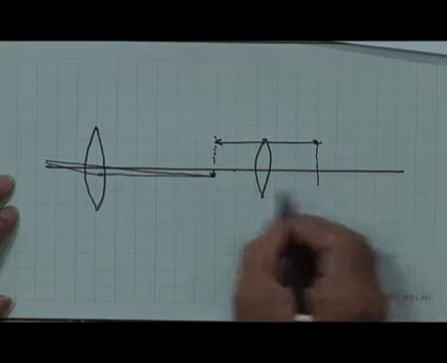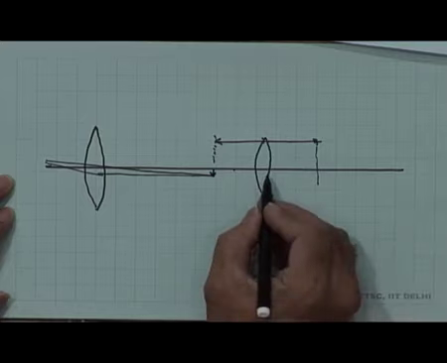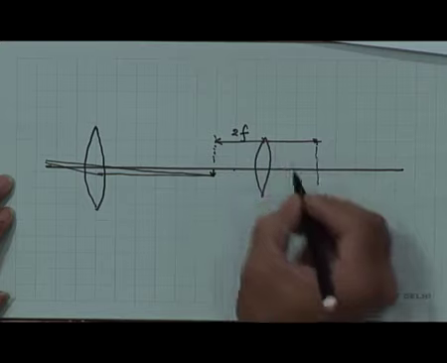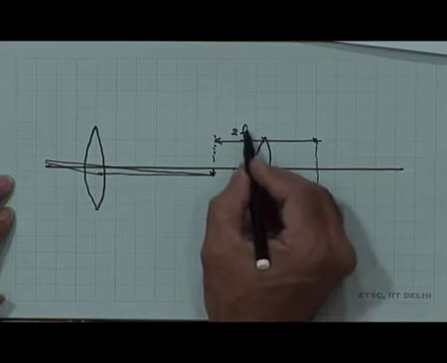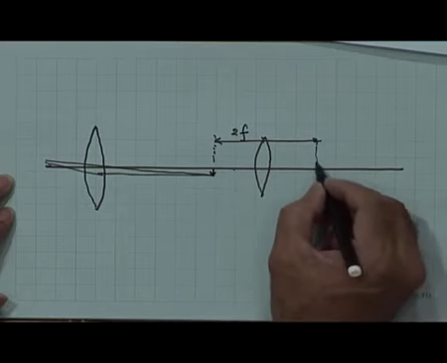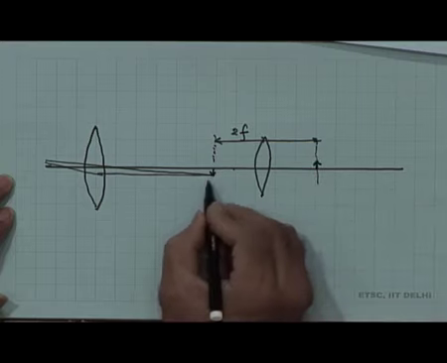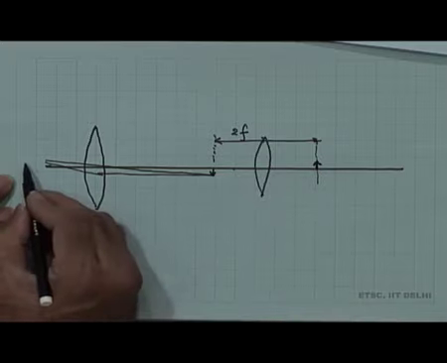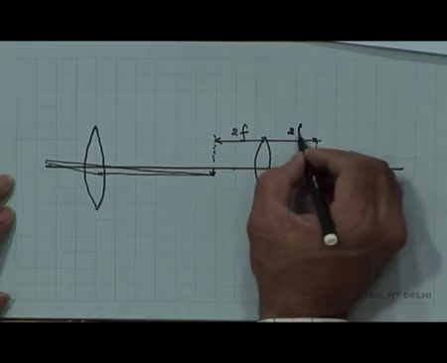So, if we place a lens inside the telescope such that the image is formed at a distance 2f from this lens, where f is the focal length of this lens, then you will see an inverted image of this, which means an erect image of the distant object, at a distance 2f.